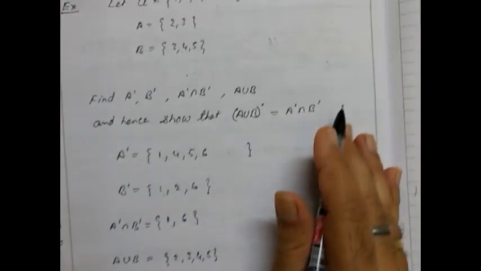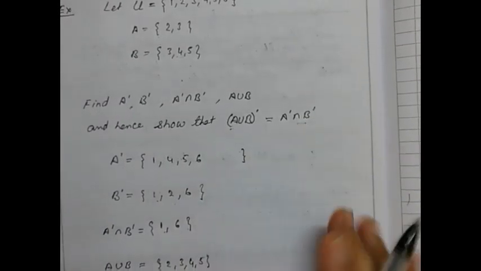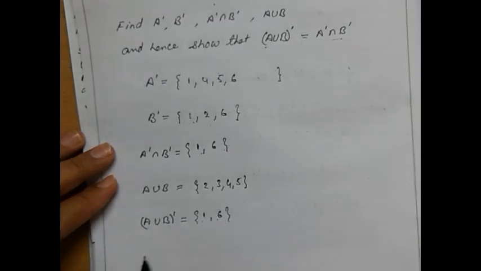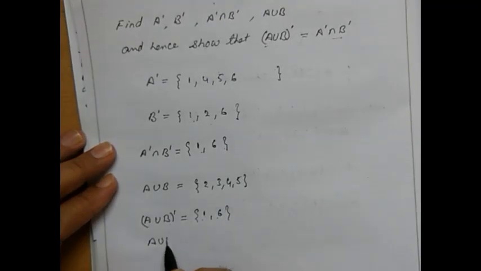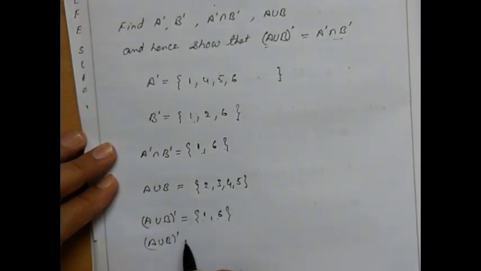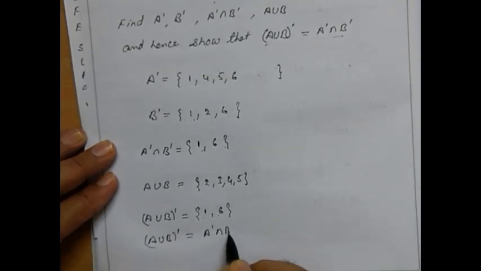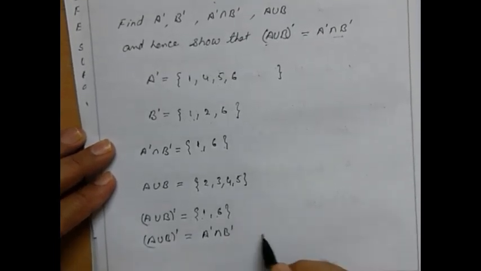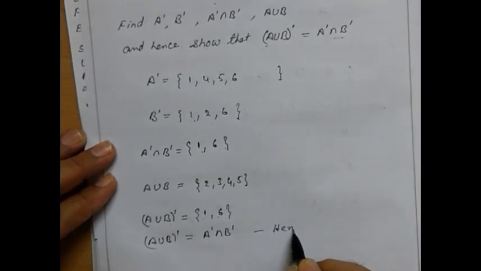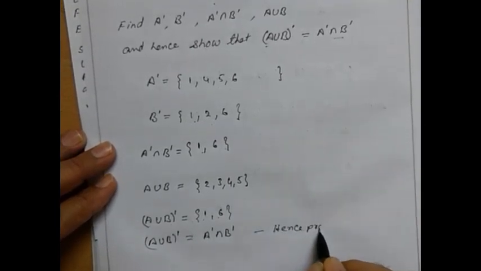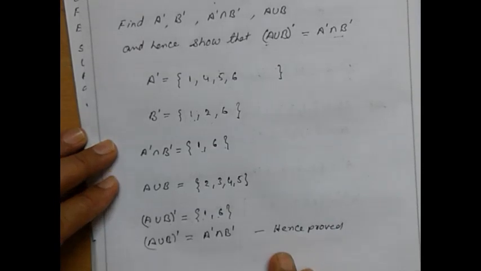So the property which was asked to show, that A union B complement is equal to A complement intersection B complement, hence proved, isn't it? This will be shown as your property. I hope this is clear.